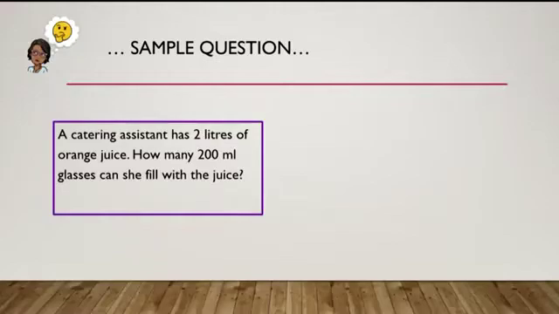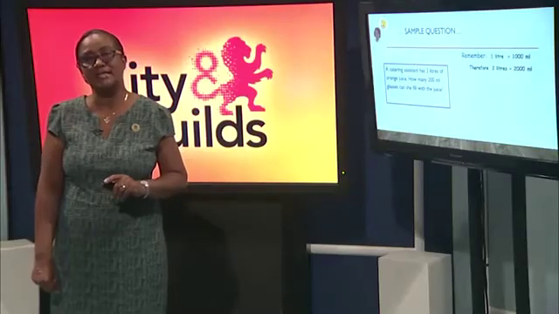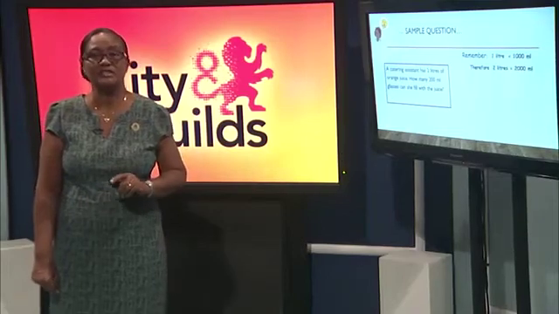A catering assistant has 2 liters of orange juice. How many 200 milliliter glasses can she fill with the juice? Remember that 1 liter is 1,000 milliliters. Therefore, 2 liters would be 2,000 milliliters. Now, a reminder for the exam, remember that you can't take a calculator in the exam. So you have to be good at your multiplication, division, addition, and subtraction.